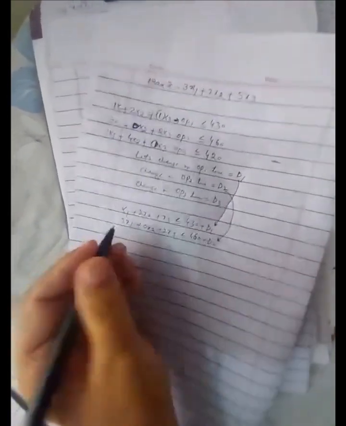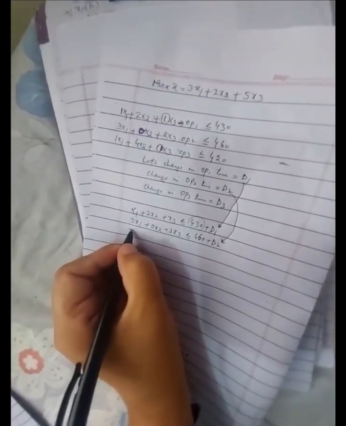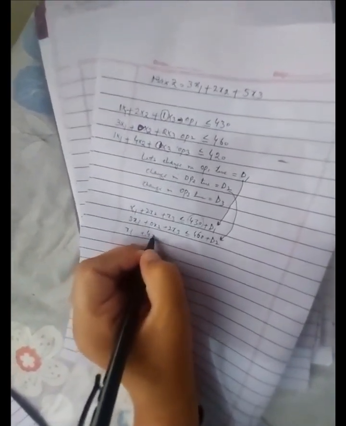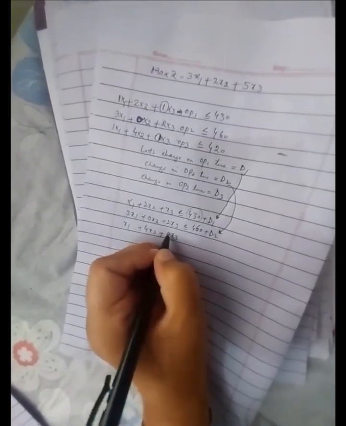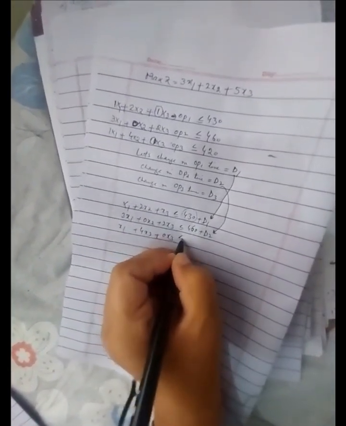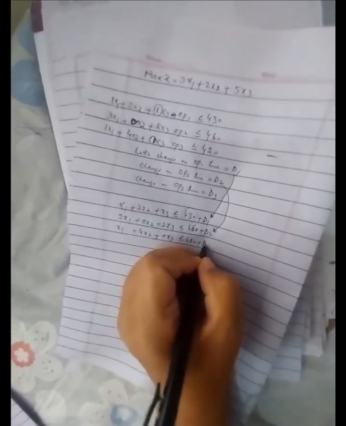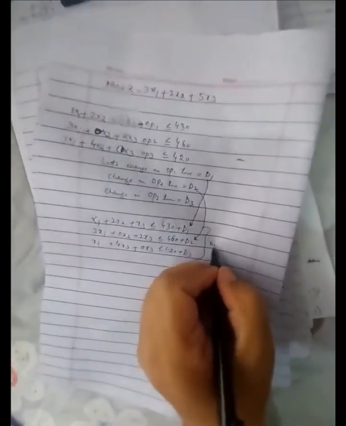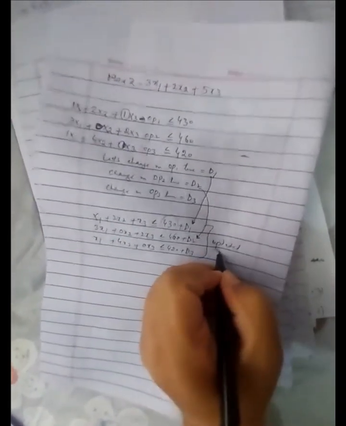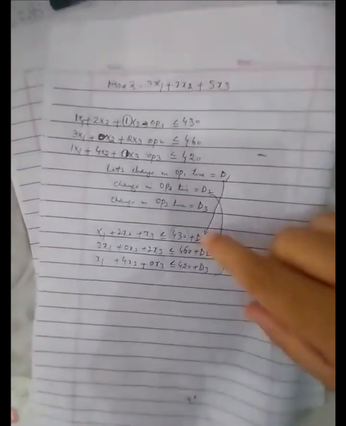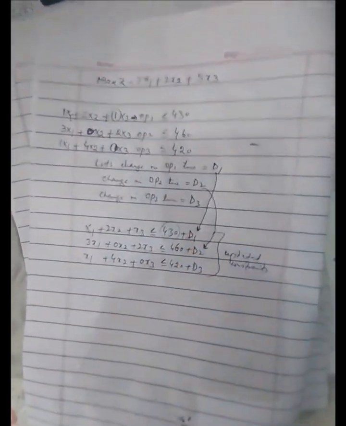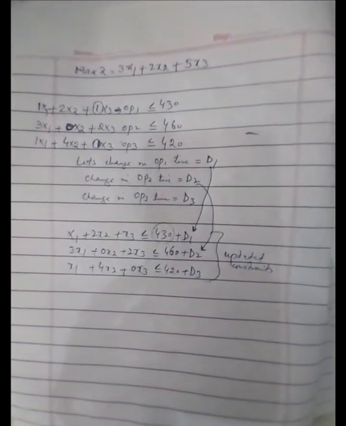We will write d2 over here, the d1 in the first constraint, and the d3 in the third constraint. You can ignore the x3, or you can write the x3 over here and make the coefficient equal to 0. Now these are the updated constants according to the change in their time for each operation.